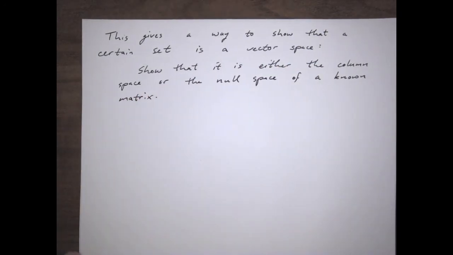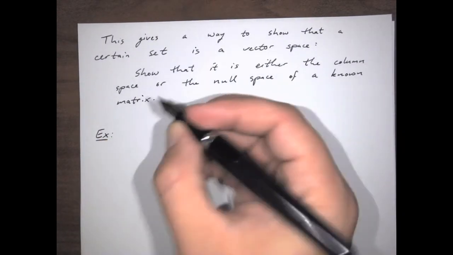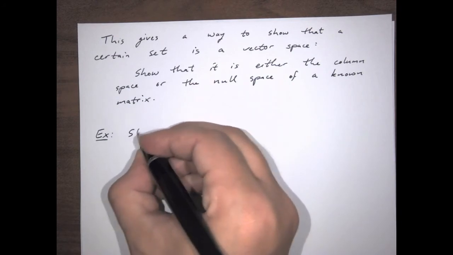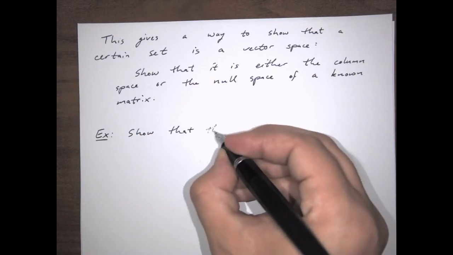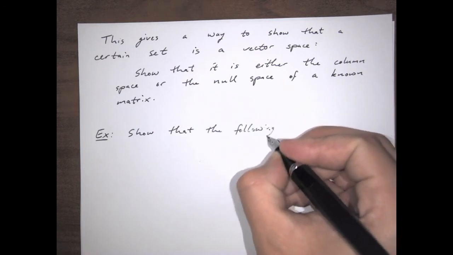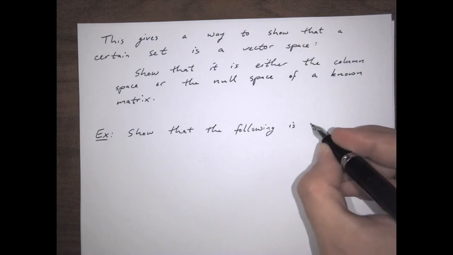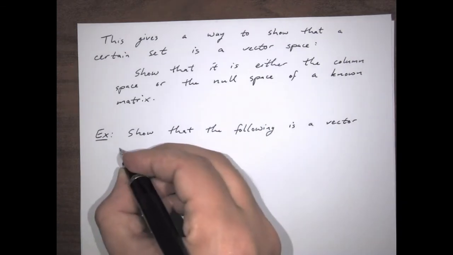And here's how we could do that. So for example, show that the following is a vector space.